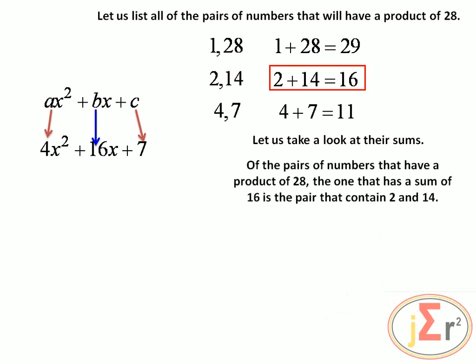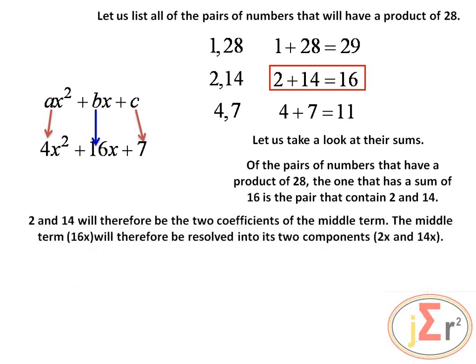Of the pairs of numbers that have a product of 28, the one that has a sum of 16 is the pair that contains 2 and 14. 2 and 14 will therefore be the two coefficients of the middle term. The middle term, 16x, will therefore be resolved into its two components, 2x and 14x.